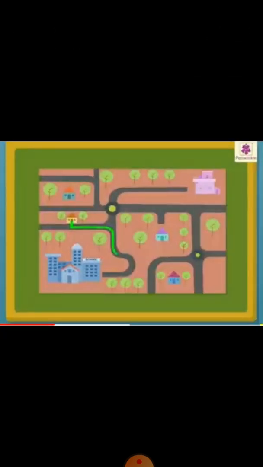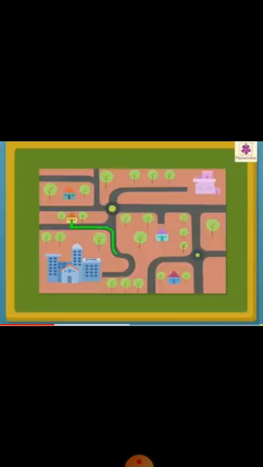See in this picture, if we want to measure the distance from house to school, what will we do? We will not use meter or centimeter, we will use kilometer. To measure the distance from one place to another, we always use kilometer.